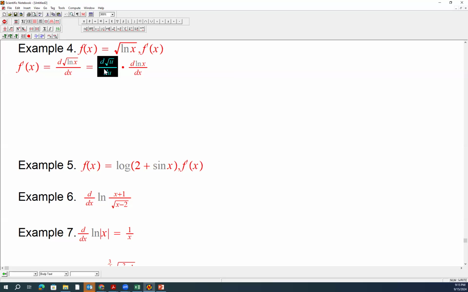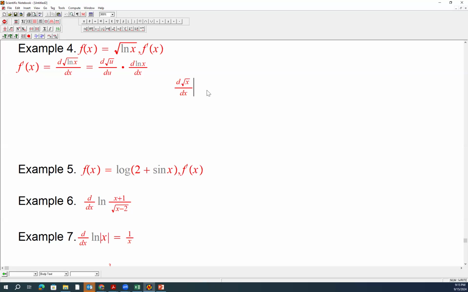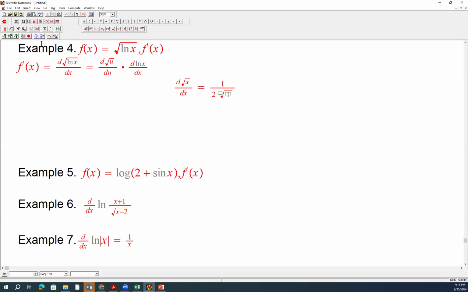And what does this equal to? The derivative of the square root function, in fact, we know the derivative of the square root of x with respect to x is 1 over 2 times the square root of x.